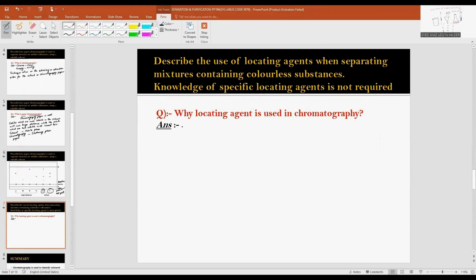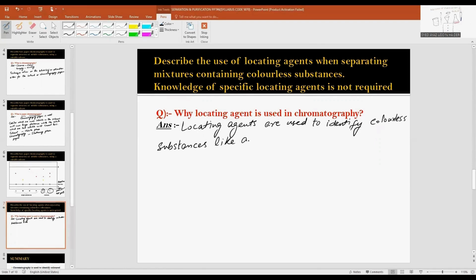Let me write: locating agents are used to identify colorless substances like amino acids.